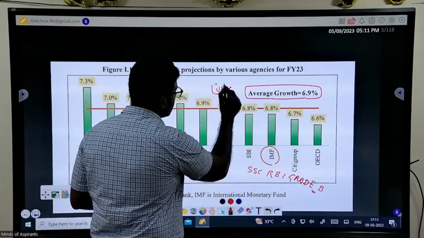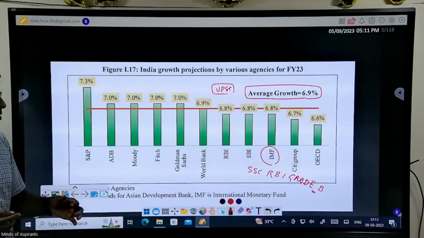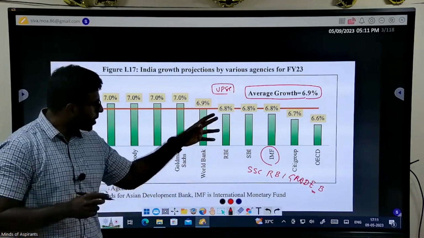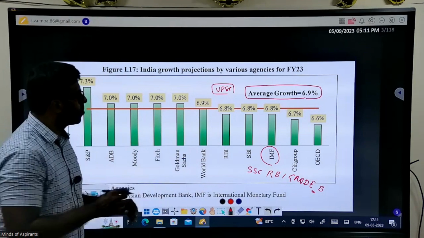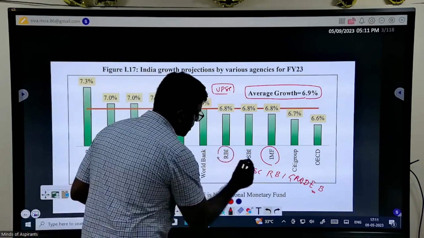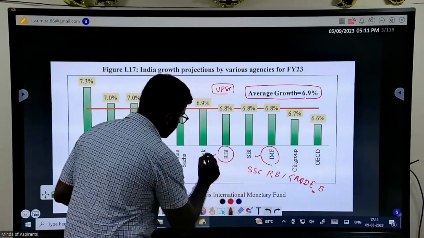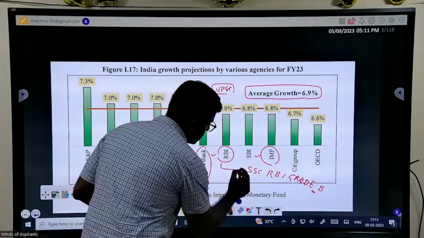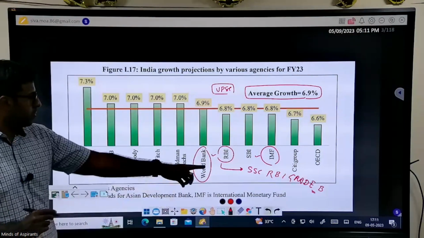In the UPSC preliminary examination, they are not going to ask for the specific growth data predicted by RBI, IMF or the World Bank. Those are questions pertaining to the other exams I mentioned.